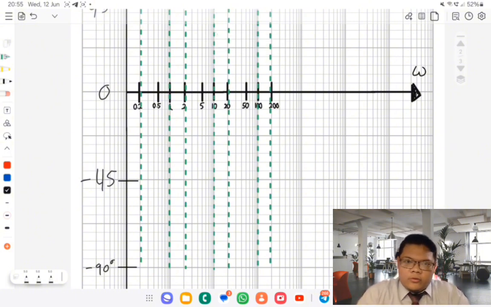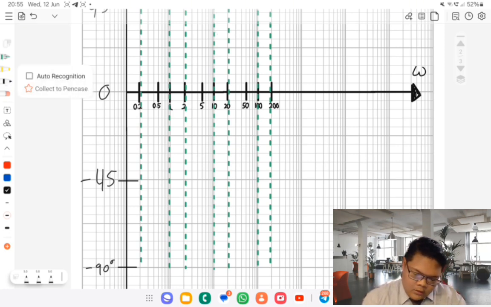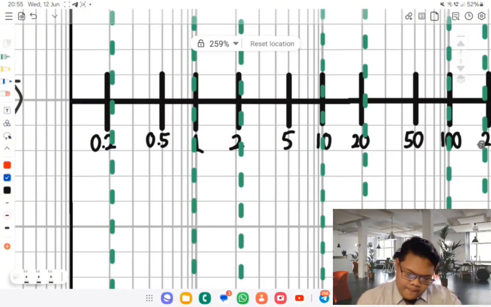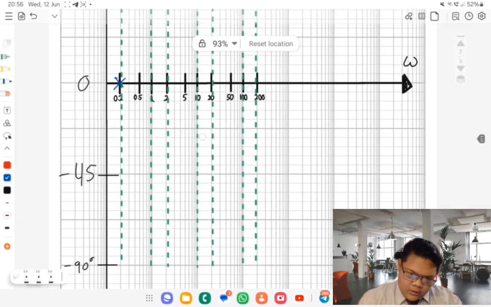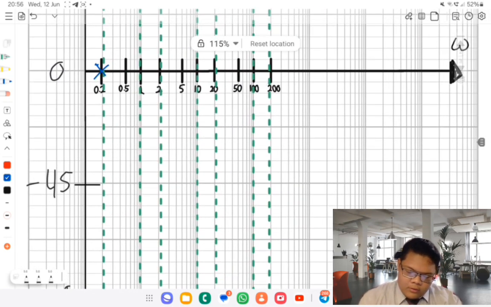At 0.2, we will start with a 0. So we plot the 0 and jump to 1 decade, which is 2, and 1 decade will drop 45 degree. So at point 2, we will plot the drop at 45 degree.